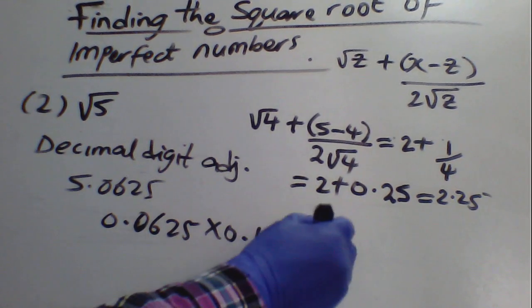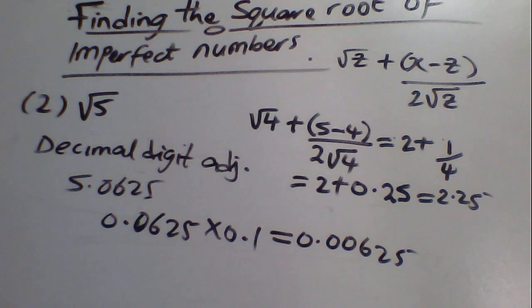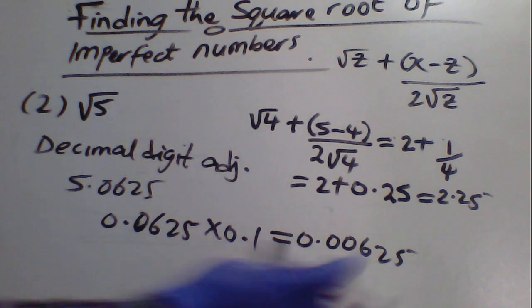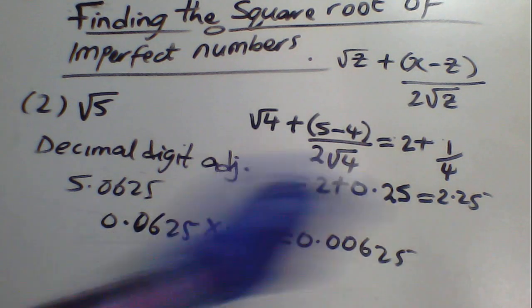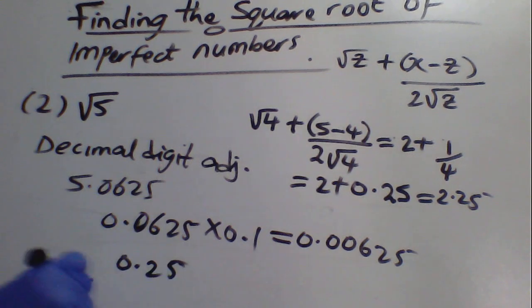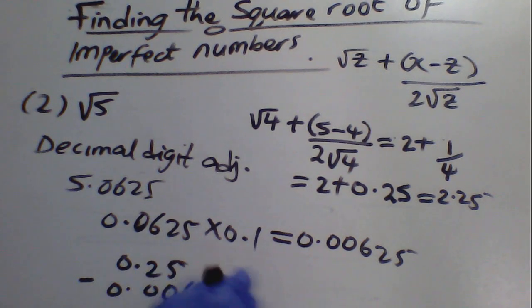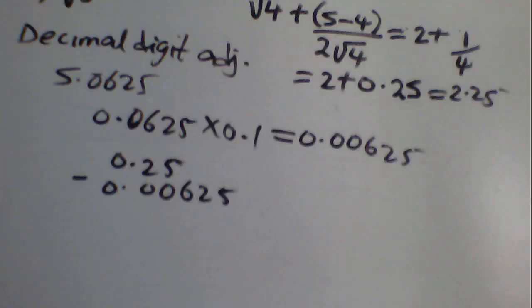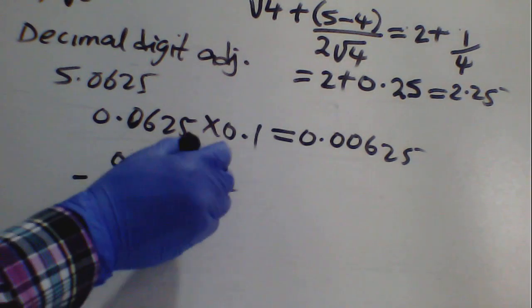That gives us 0.00625. So the next thing you have to do is to subtract this from the decimal part of 2.25, which is 0.25. 0.25 minus 0.00625. So you subtract it. Because this here is empty, you have to fill it with 0.